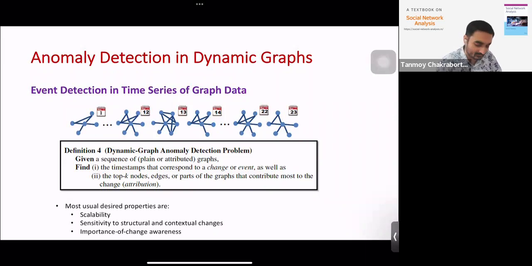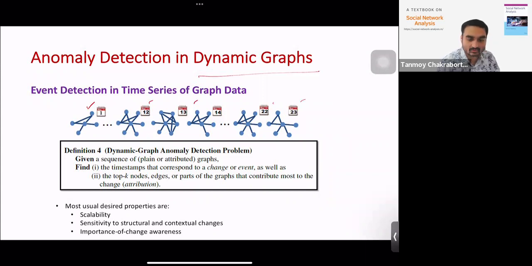Okay, so what is the problem statement? You are given a dynamic graph, and this dynamic graph changes over time. You have a snapshot of the network at every timestamp, say at timestamp 1, 12, 13, 14, 22, 23, and so on.